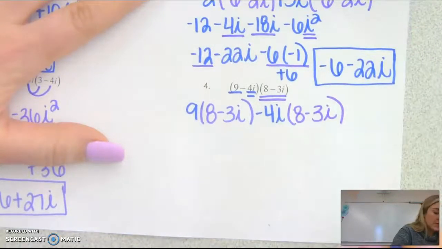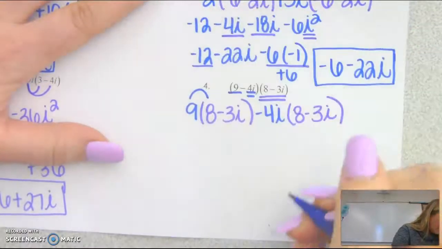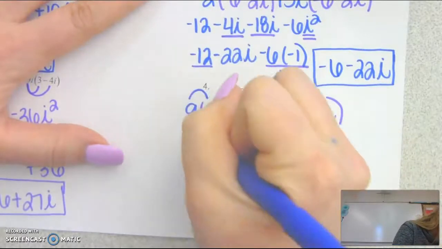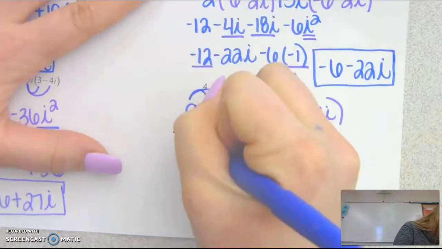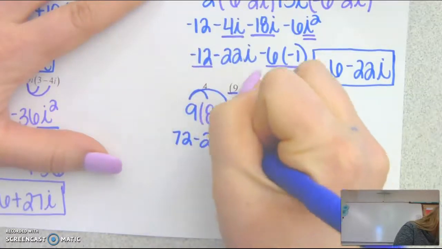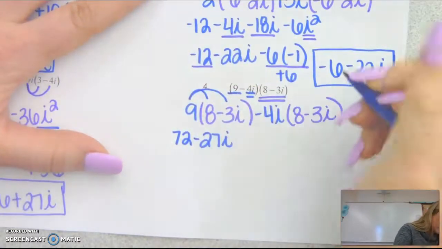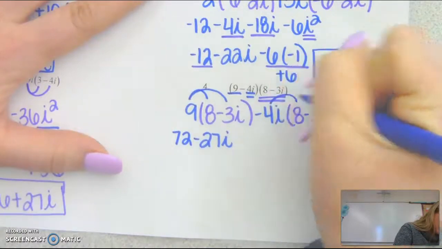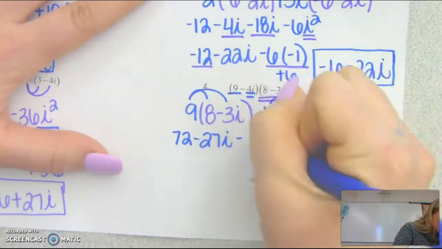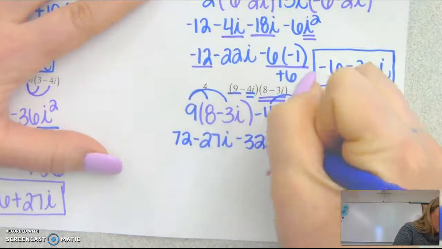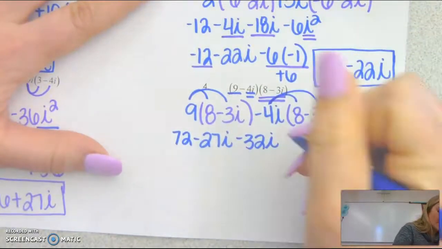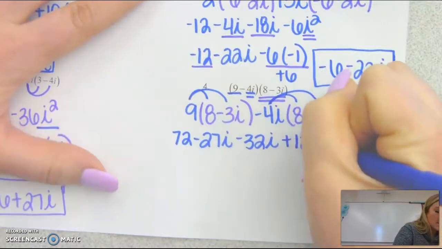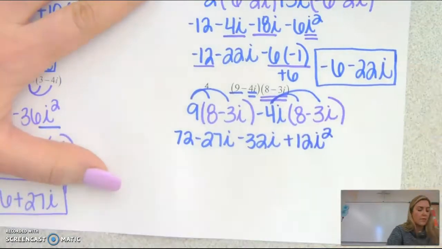Now we're just distributing. So I have 9 times 8, that's 72. 9 times negative 3i is negative 27i. Negative 4i times 8 is negative 32i. And negative 4i times negative 3i is positive 12i squared.